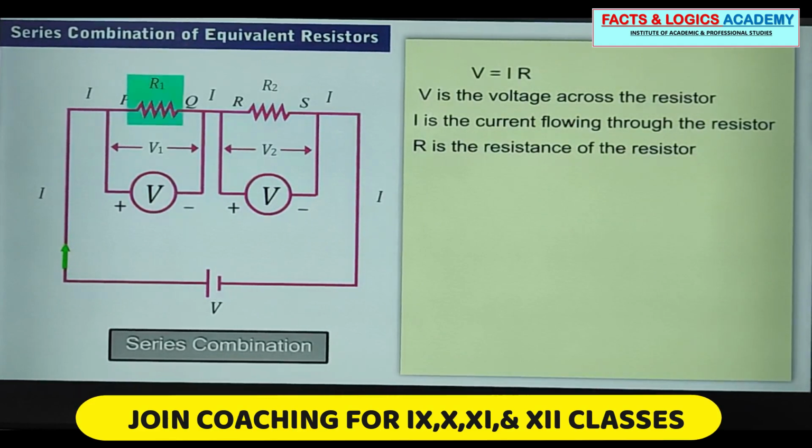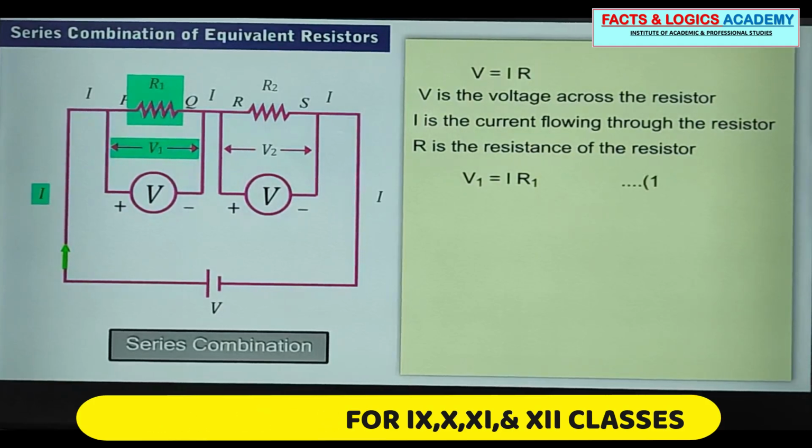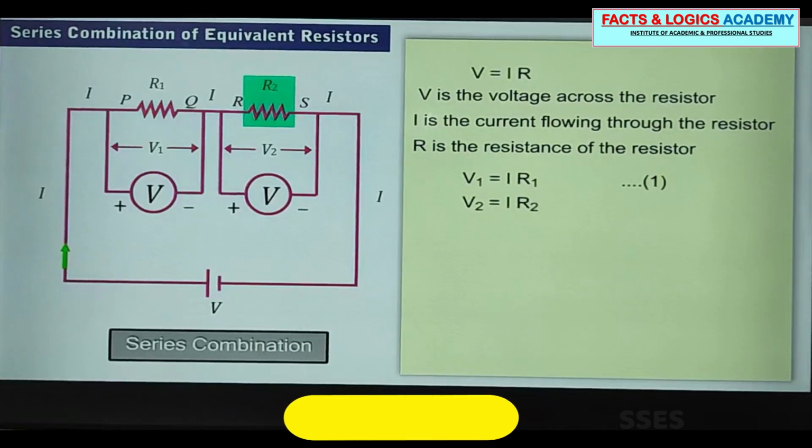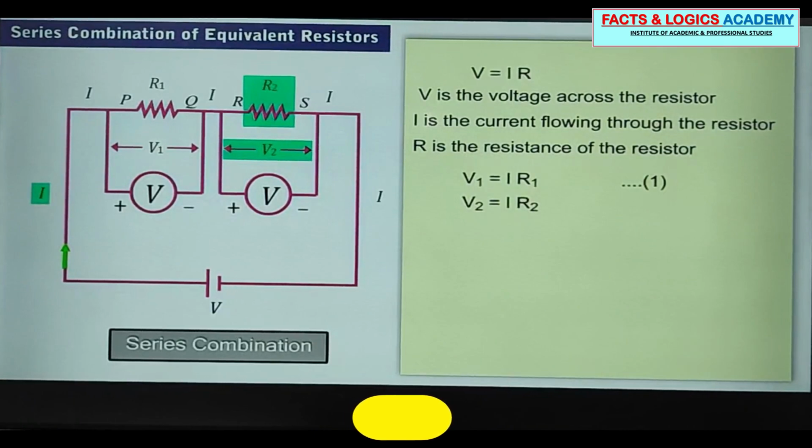Applying Ohm's law to resistor 1, the potential difference across R1 is denoted by the equation V1 is equal to I into R1. Let us label this as equation 1. The potential difference across R2 is denoted by the equation V2 is equal to I into R2.